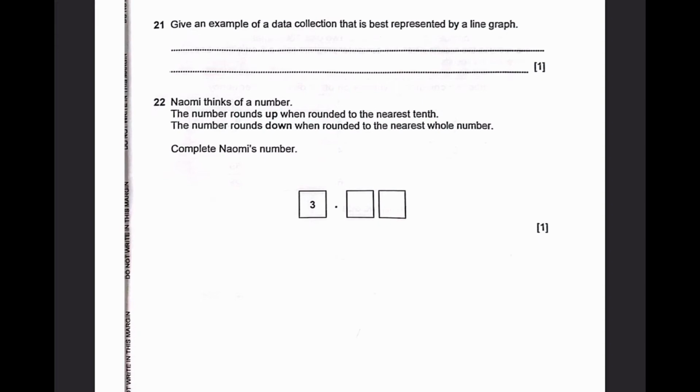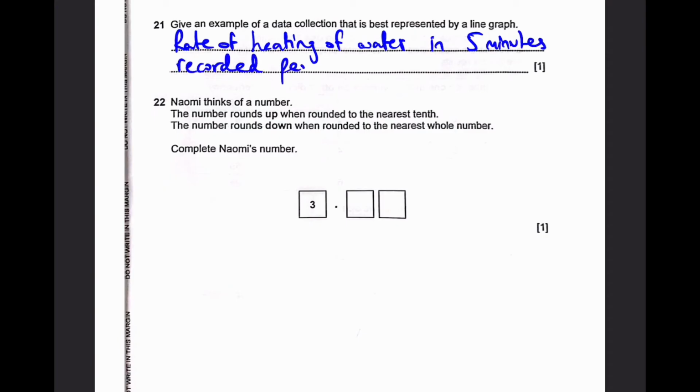Question 21. Give an example of a data collection that's best represented by a line graph. So let's just say it's a time graph, right? Because in a line graph, the x-axis is usually time. And let's say rate of heating of water in 5 minutes, recorded per minute.